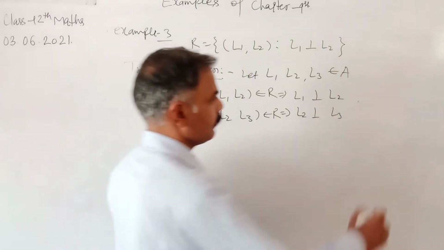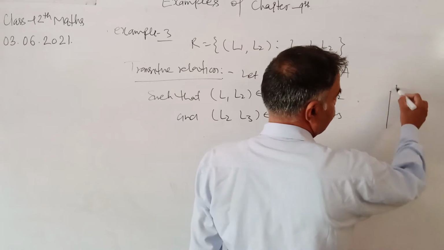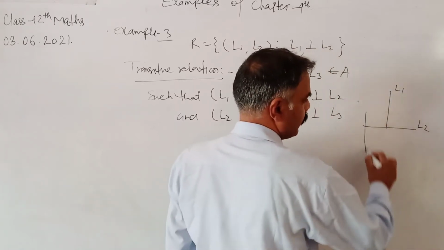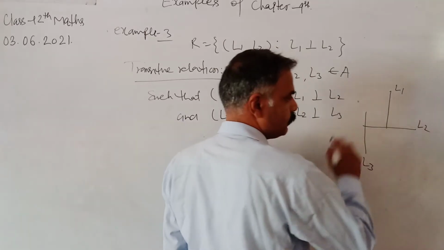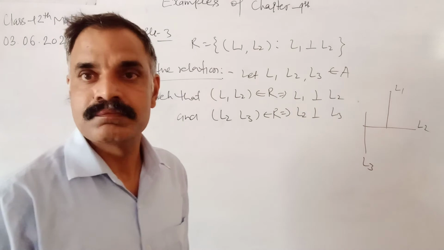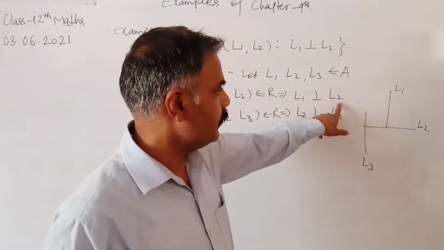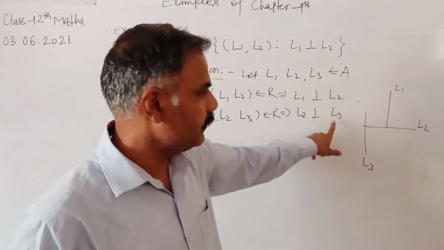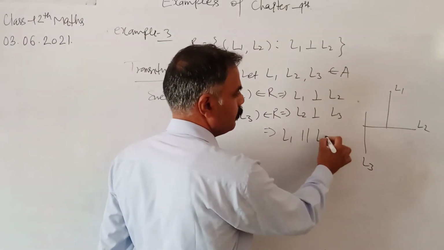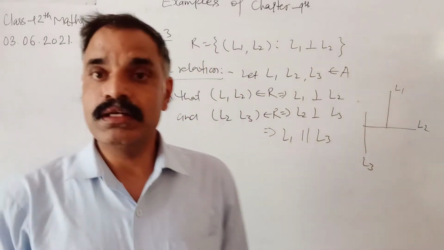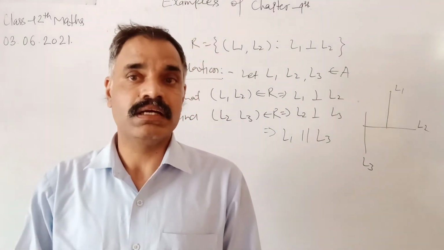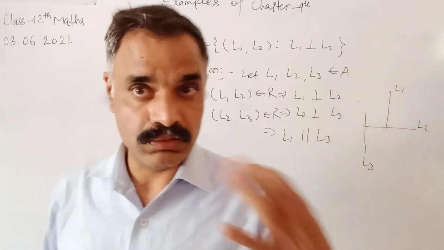Okay. Now here, this line is L1, which is perpendicular to L2. One more line is there, that is L3, which is perpendicular to L2. So here L1 is parallel to L3. If L1 is perpendicular to L2 and L2 is perpendicular to L3, then L1 will be parallel to L3, not perpendicular. If the relation is transitive, then it should be perpendicular.